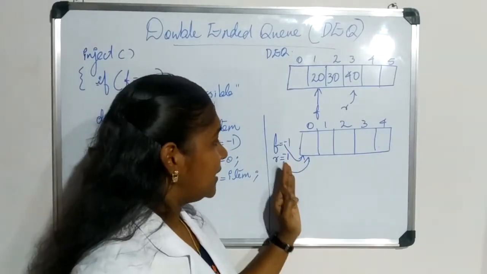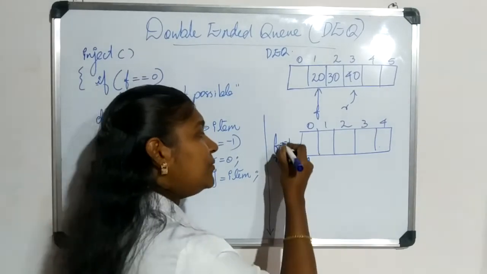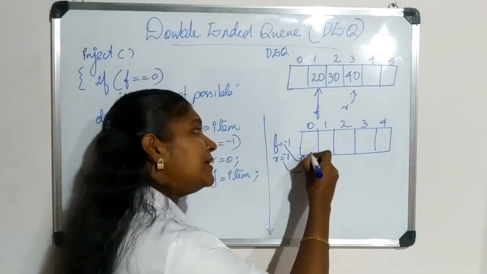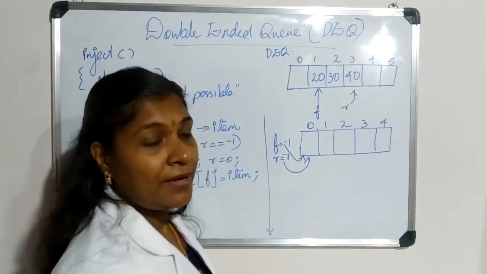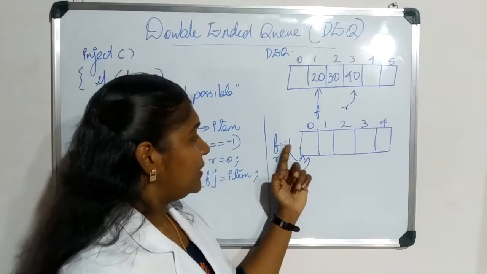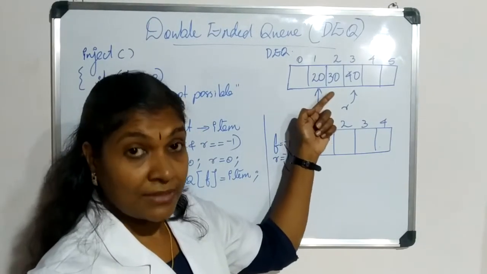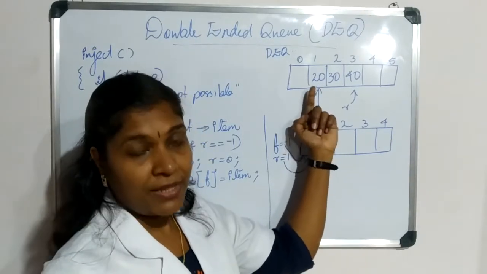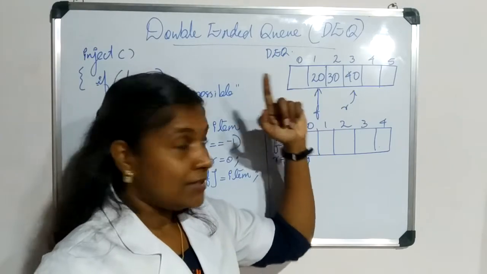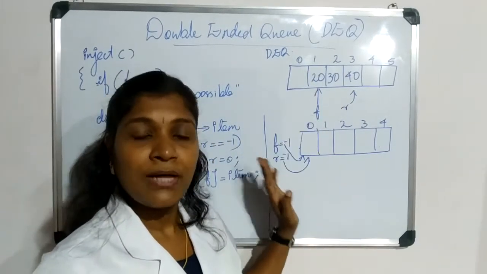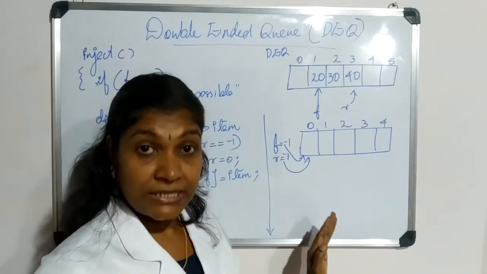If it is an empty queue, then we need to explicitly bring R equal to 0 and F equal to 0. Then we can insert the element as deck of F is equal to item. And if it is a non-empty queue, then decrement the value of F and insert the element at the position, deck of F is equal to item. Clear? So this is what we are going to consider in the inject operation.